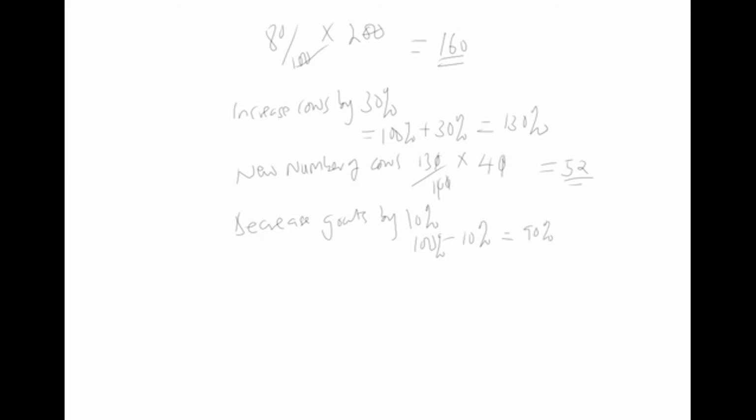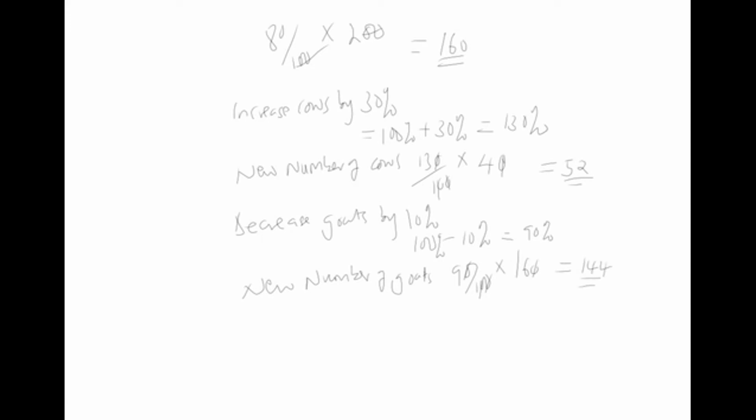Then to get the new number of goats, we take 90 over 100, we multiply by the initial number, which is 160. So the zeros cancel, and when we multiply 9 times 16, we get 144. So that is the new number of goats.